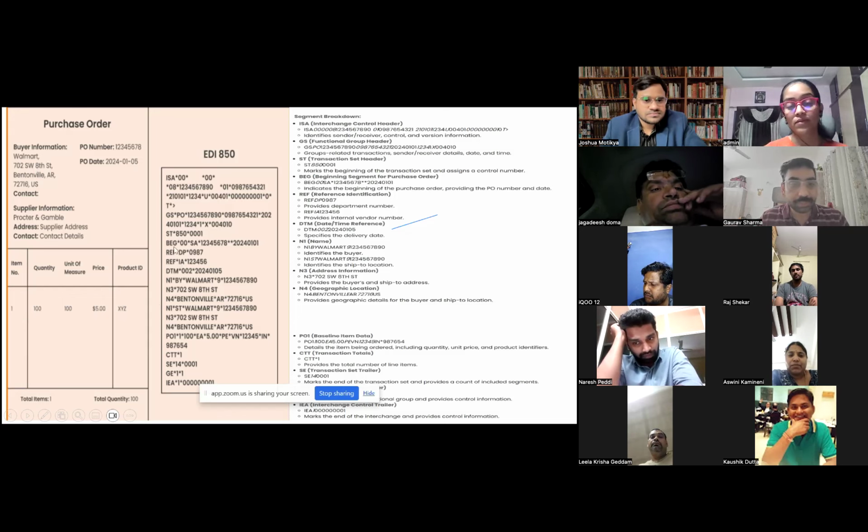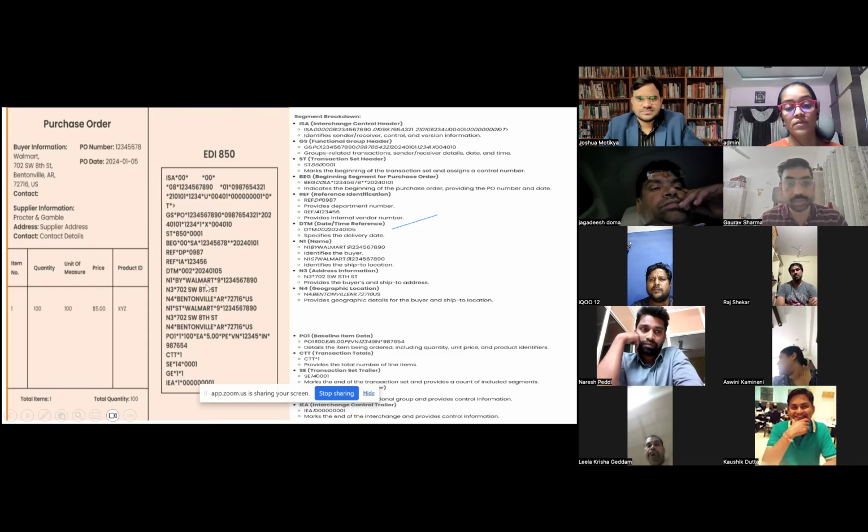So for example, BEG is the beginning of the segment. You can see here it indicates the beginning of the purchase order, providing the PO number and the date. This segment BEG has the purchase order number 1, 2, 3, 4, 5, 6, 7, 8, which is shown here, and the PO date. This information is enveloped between this segment and the complete file. Then similarly, we have the Walmart address information. Who's the buyer?